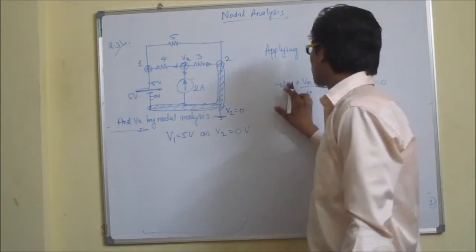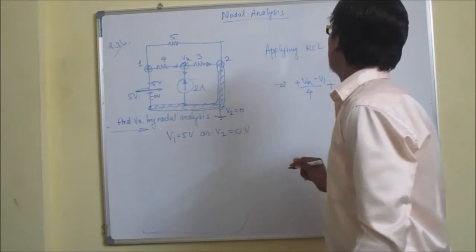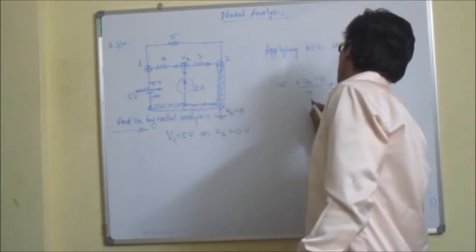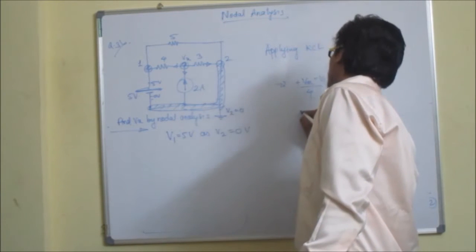So now I will transfer this 2 to that side and substitute the values of V1 and V2.